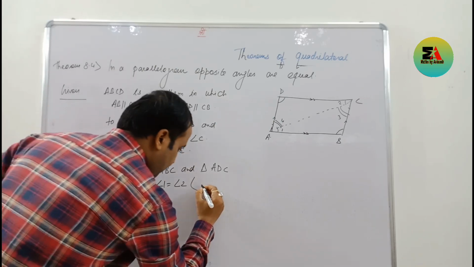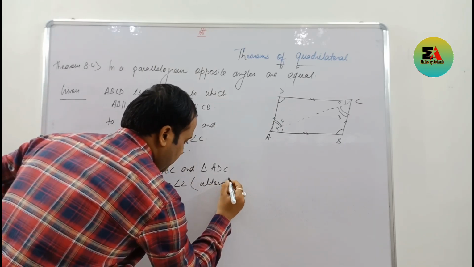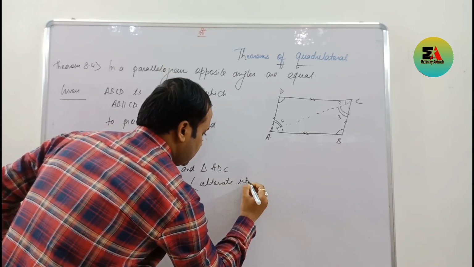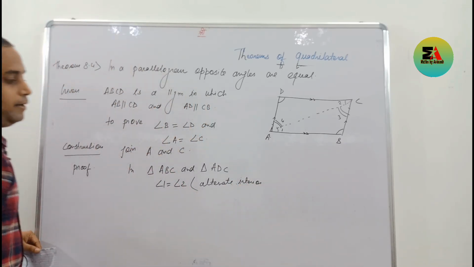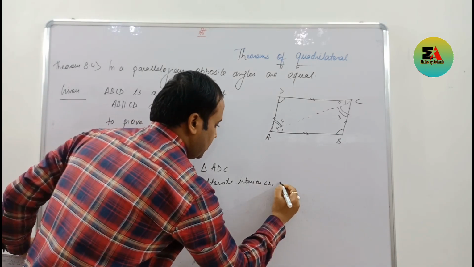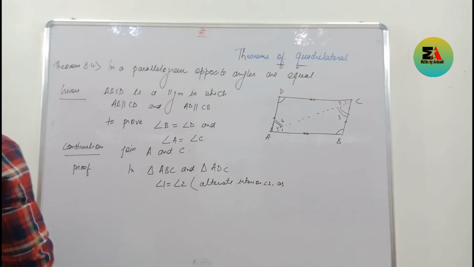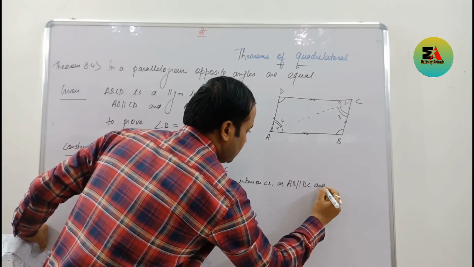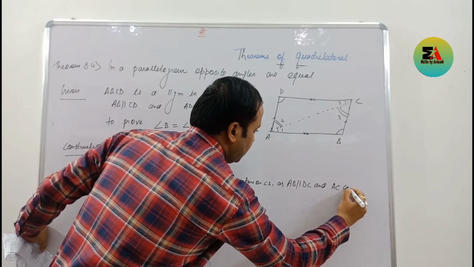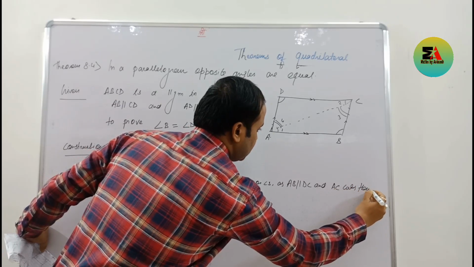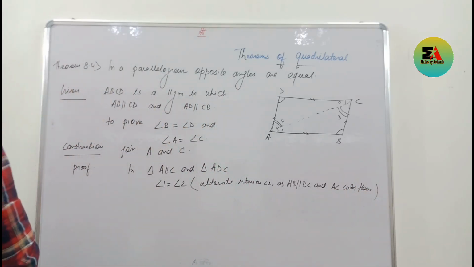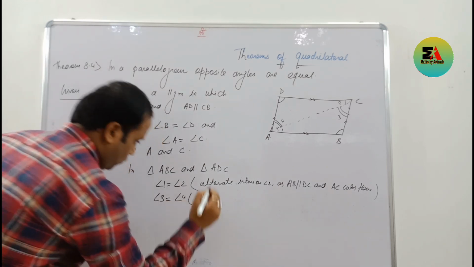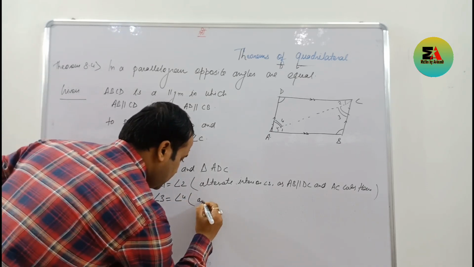We know this from the previous theorem: alternate interior angles, as AB is parallel to DC and AC cuts them. Same as angle 3 equals angle 4, for the same reason.